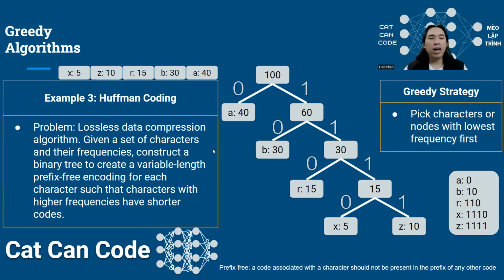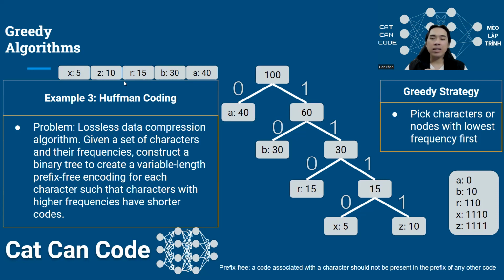You can see over here, I have 5, 10, 15, 30, and 40% for the characters X, Z, R, B, and A. So A is the most frequently appearing character, and 40% of the text are a bunch of letter A.